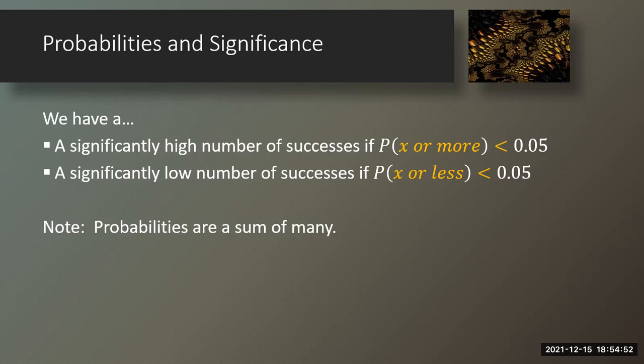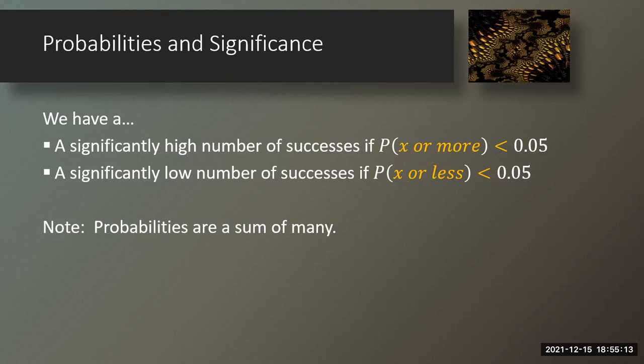X less than 0.05 would be a significantly low number of successes. So you need a probability, but that probability is compared to 0.05, kind of a number picked at random, honestly, but it does work well for our purposes here.